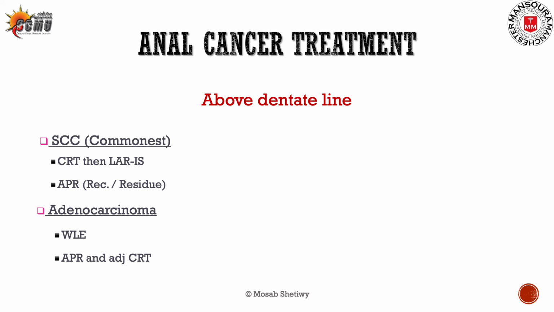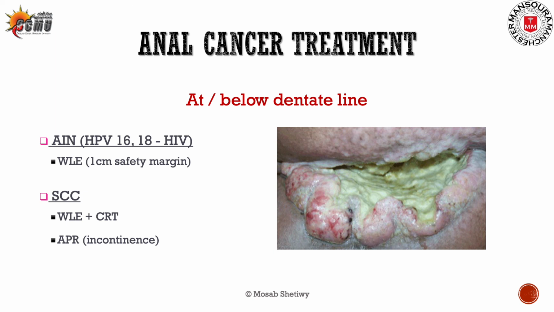If the lesion is adenocarcinoma, then if it is feasible, you can do wide local excision, and usually it's not so. Abdominoperineal resection is done with adjuvant chemoradiotherapy. For anal cancer at or below the dentate line, the sphincter is compromised by default. The usual lesions there will be AIN, or anal intraepithelial neoplasia, on top of HPV strain 16 or 18 infection, or even HIV.